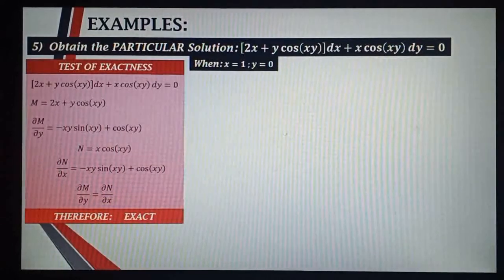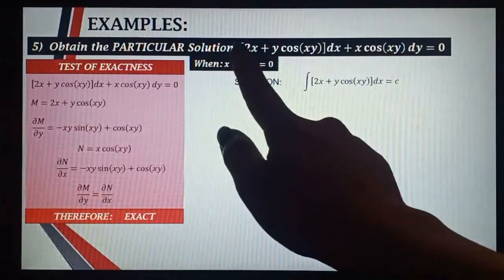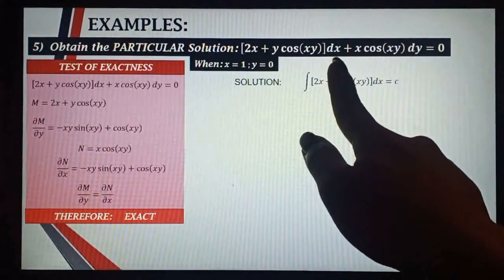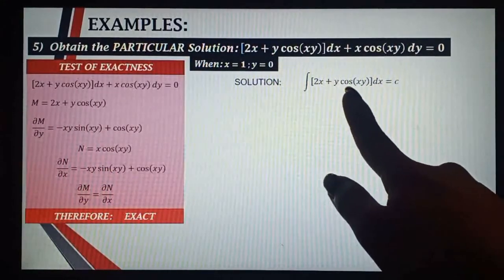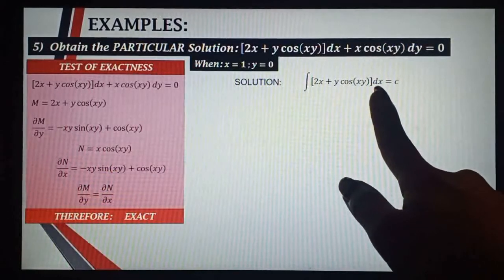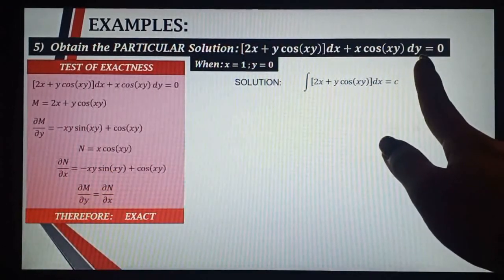So, performing your exact equation solution, we will have to copy yung buo ni m, so that is the integral of 2x plus y cosine of xy dx. Tapos ang kukopyahin natin kay n is yung walang presence ni x.